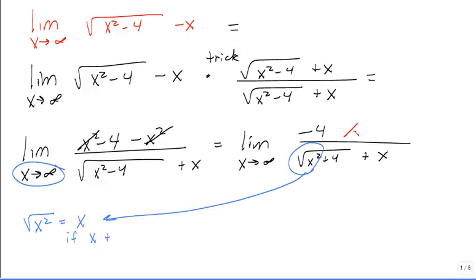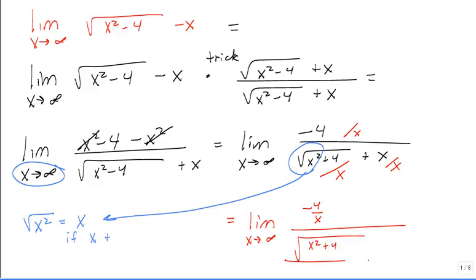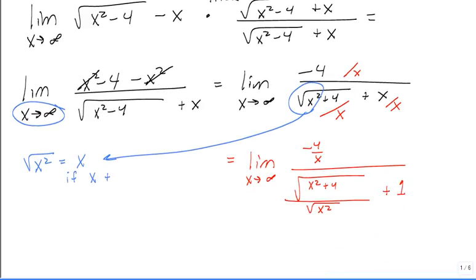So we're going to divide everything by x. And to bring it inside the square root, we're going to change it back to square root of x squared. x is the square root of x squared, and x over x is 1.